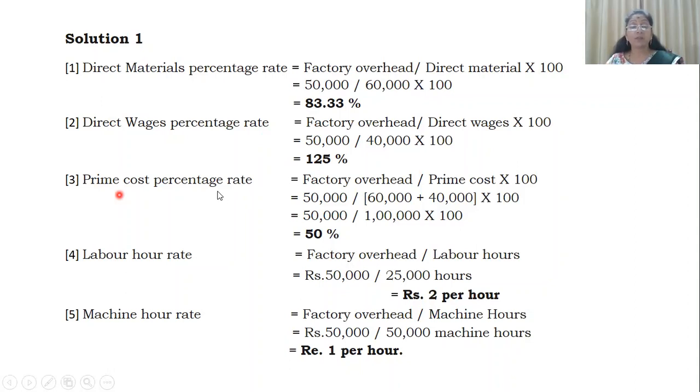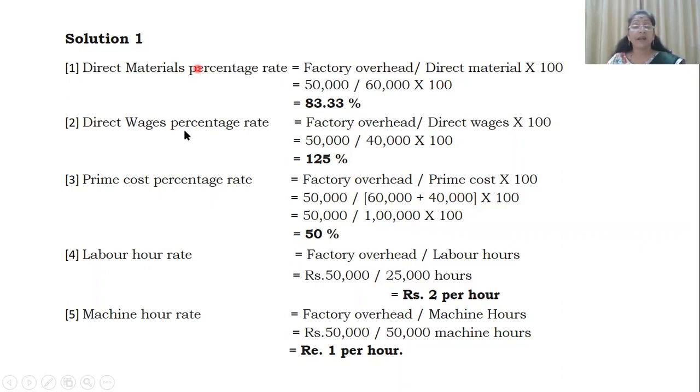Third one is prime cost percentage rate. This is the formula: factory overhead divided by prime cost into 100. Factory overhead is 50,000, divided by prime cost. How do we arrive at the prime cost?